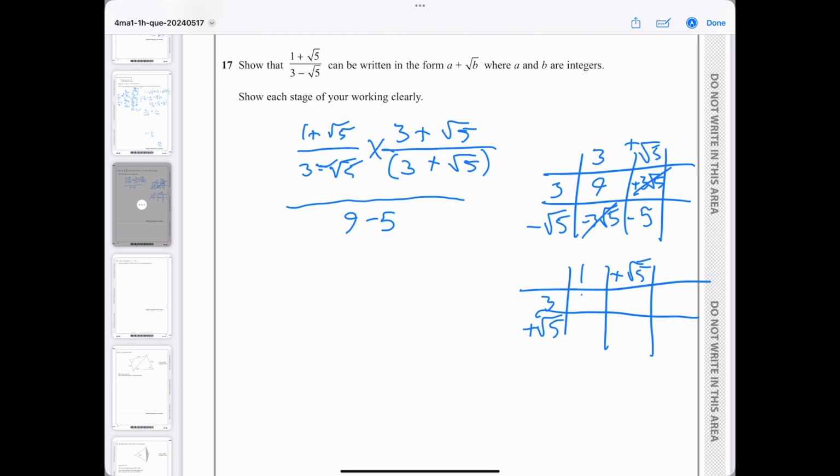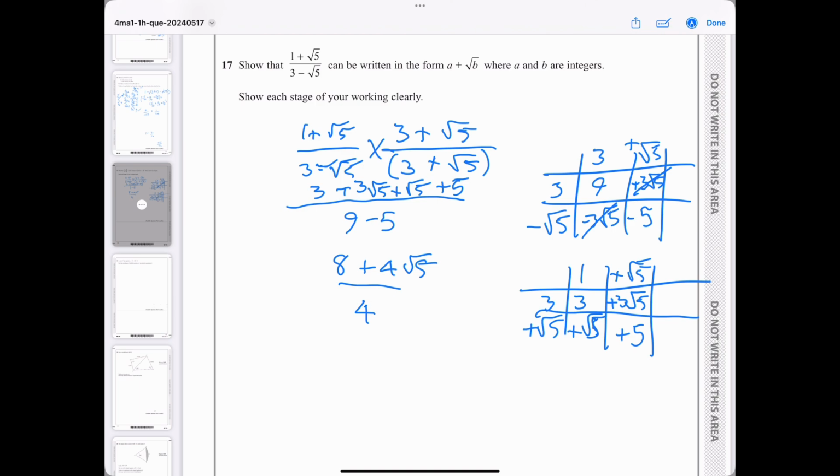So we get 3 plus 3 root 5 plus root 5 plus 5. This is not beautifully written, I apologise. So on the bottom we have 4, on the top we have 8, and 3 root 5 plus root 5 is plus 4 root 5.